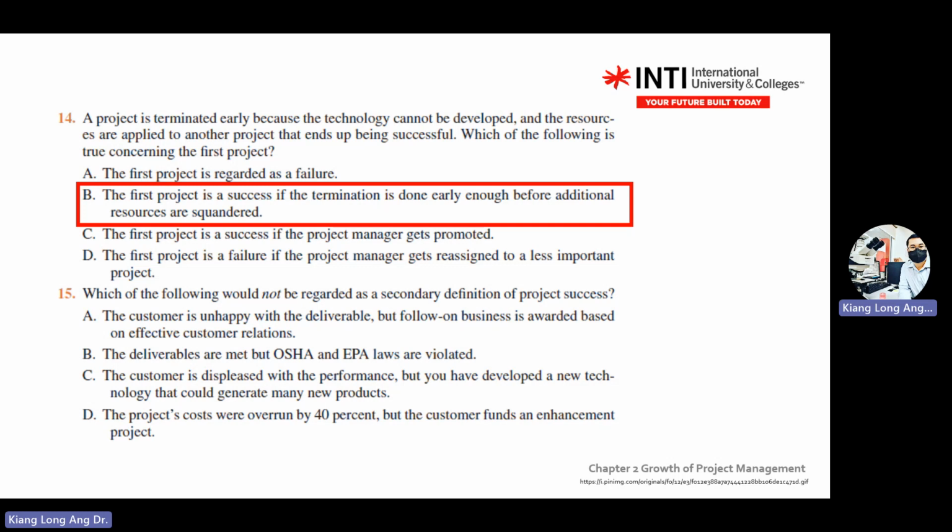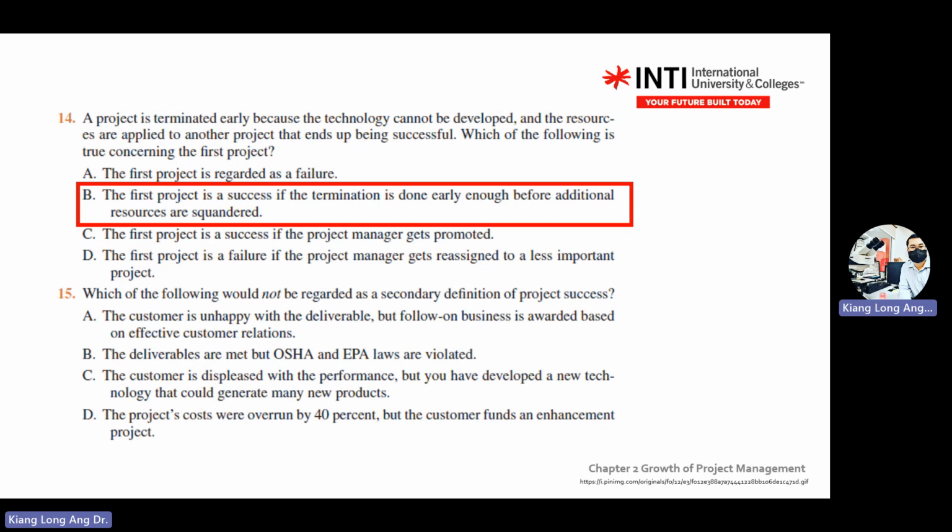Which of the following would not be regarded as a secondary definition? Okay. So you know that for success, you have a primary and a secondary. Success is from the eyes of customers. Secondary is from the internal process. Okay. Would not be regarded as secondary.